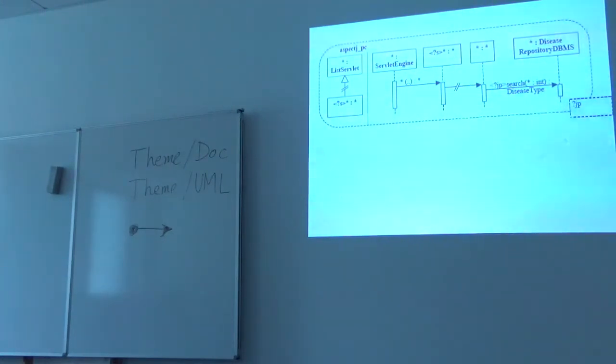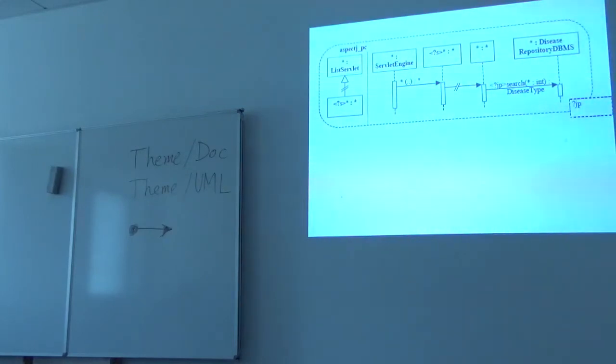This is something that we can imagine to be combined with Theme/UML, but there's been some attempt at this, but no other work has been done with this. It could be interesting. Sometimes we really need to play graphically with our point cuts, and this could be useful if you have a model and you need to talk about your point cuts in terms of your model.